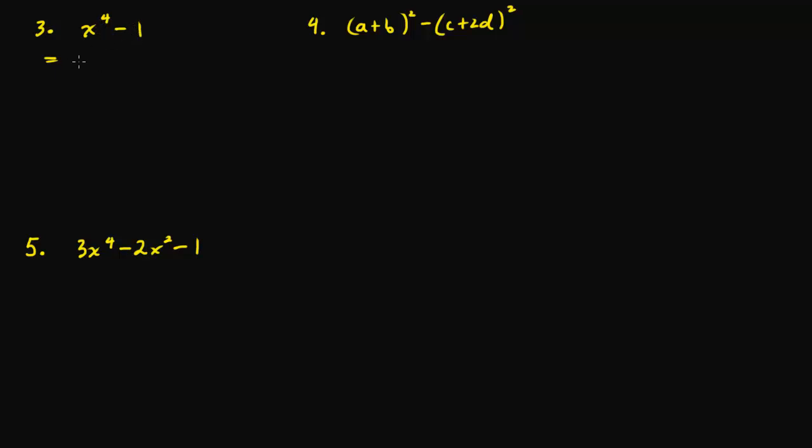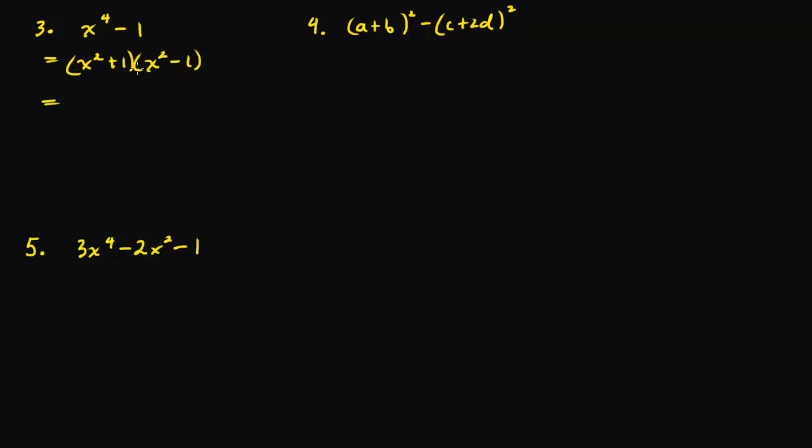So I can factor this by writing it as the product of the conjugates, (x squared plus 1) times (x squared minus 1). And again, I came up with x squared by taking the square root of x to the power of 4, and positive 1 and 1 by taking the square root of 1. And then I just wrote this as the conjugates.